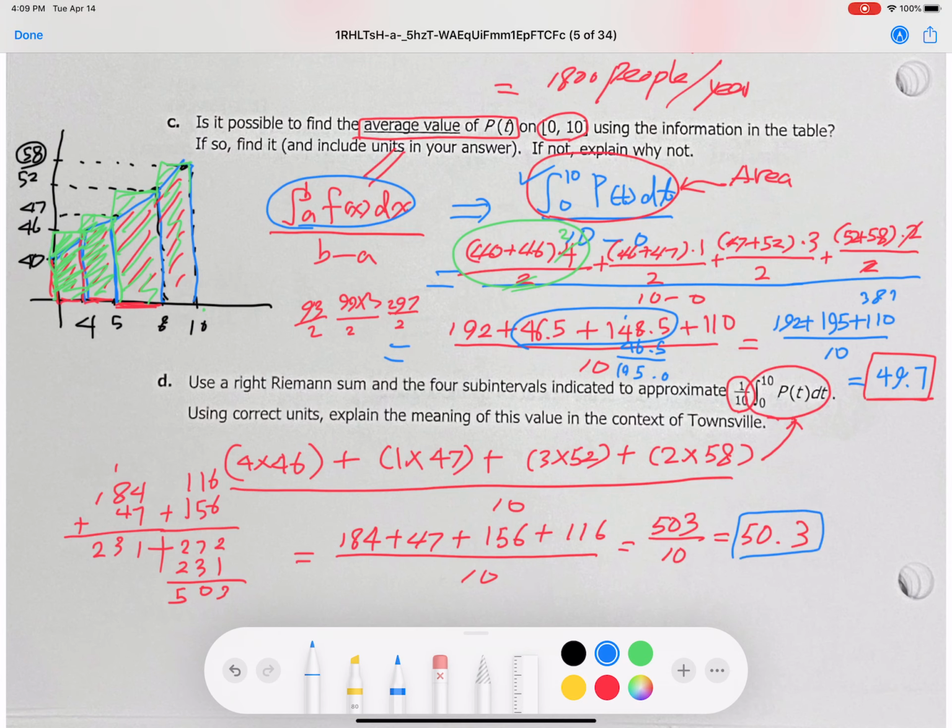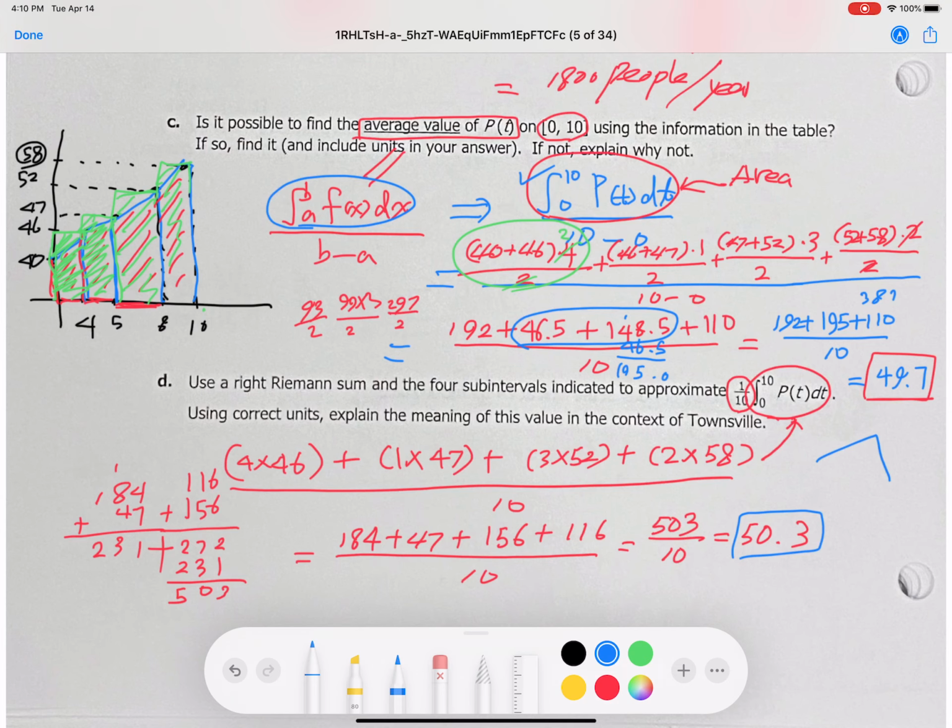That must be bigger than this because it is overestimated, right? The top part is overestimated. What is the meaning? This is the average value of the function, right? Integral a to b f(x) dx over b minus a. That was the formula to find the average value of p(t). We just found the average value of p(t). So for part D, we use right Riemann sum to find that area, right?